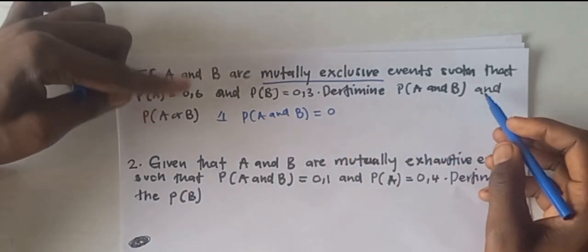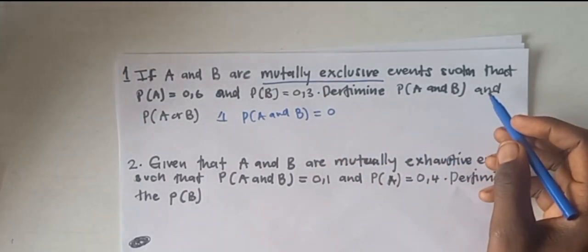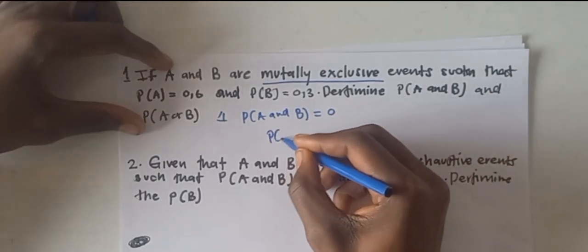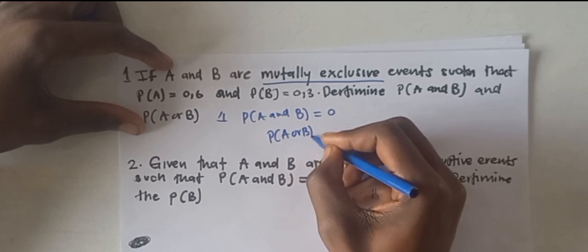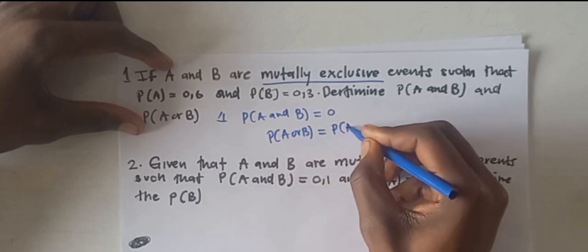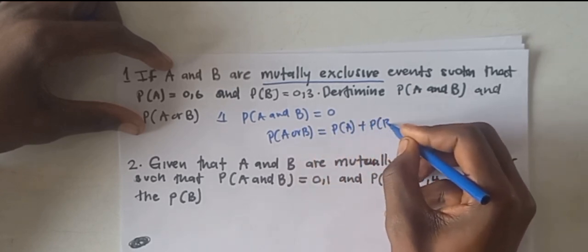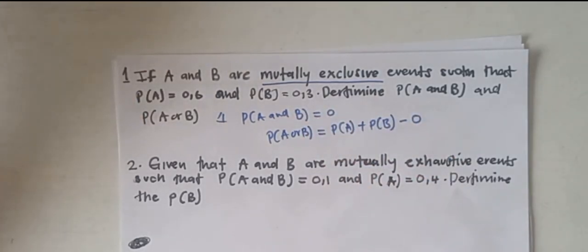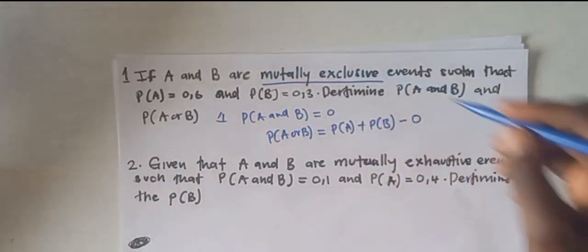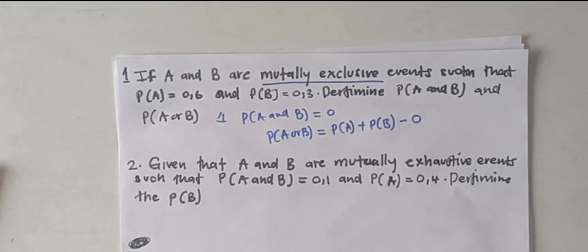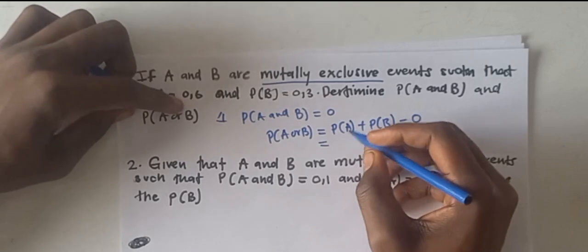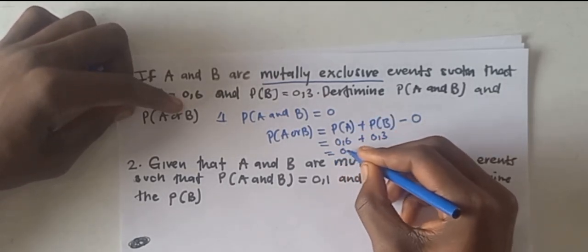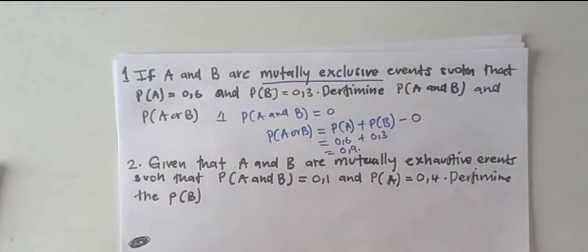And for the probability of A or B, it is equal to the probability of A plus the probability of B, minus 0, because the probability of A and B is 0 when the events are mutually exclusive. So from here, the probability of A is given, which is 0.6, plus 0.3, which in total gives us 0.9. That's how we deal with that.